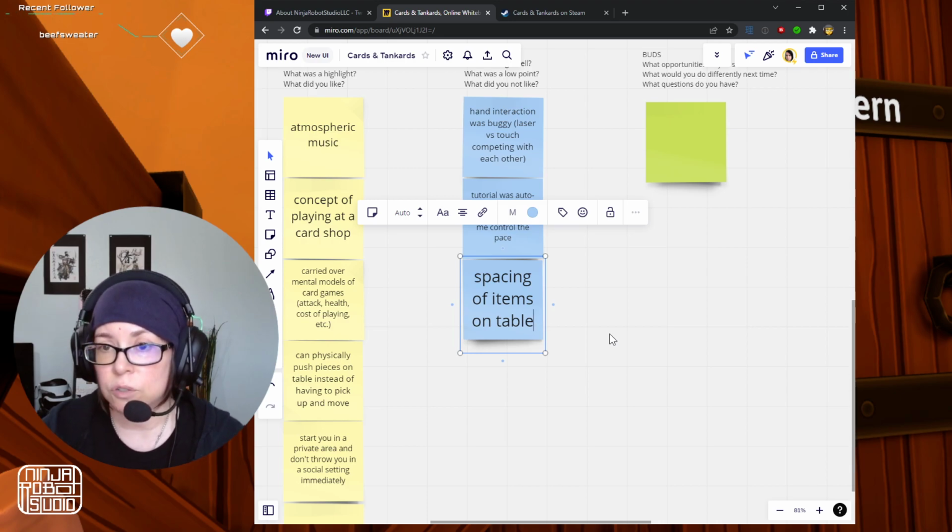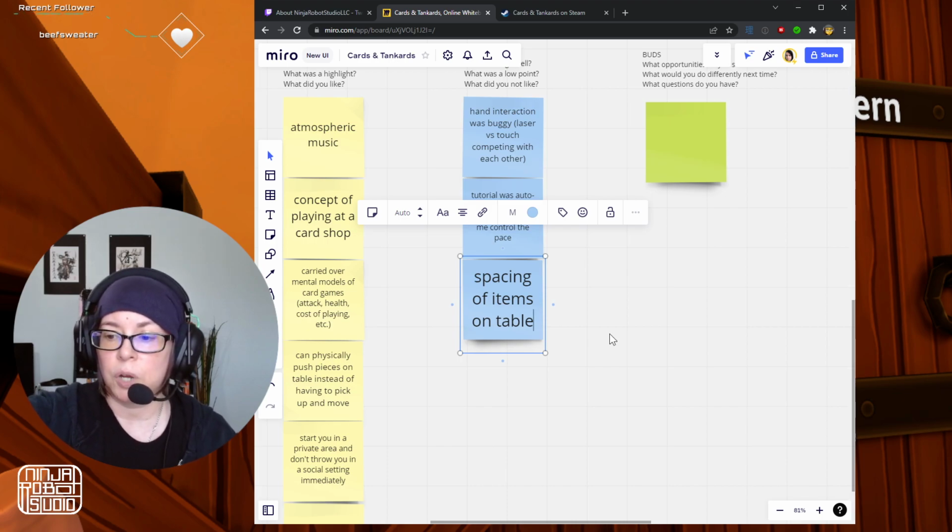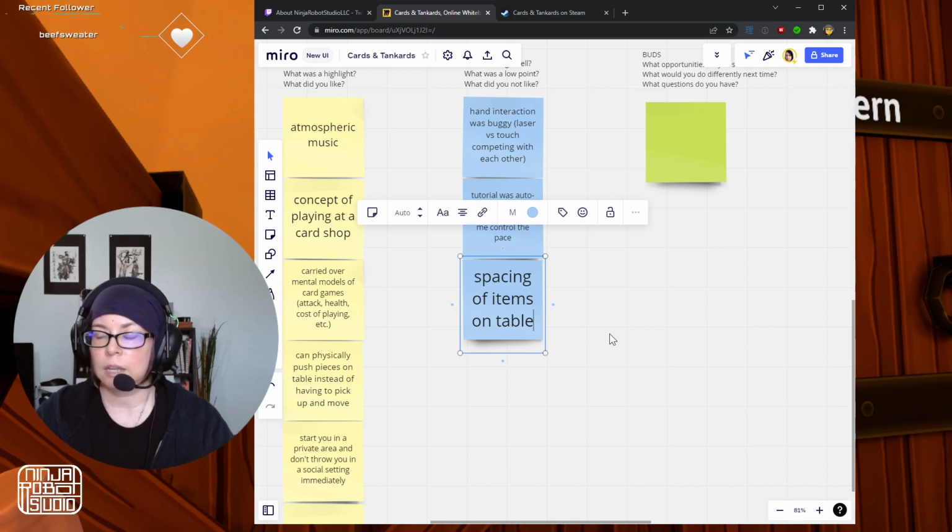And then there was also the problem of how, when I was trying to pick which thing I wanted to attack, when I had to pick the opponent instead of the things on the table, they were all too close together. I had a hard time with the accuracy of picking.